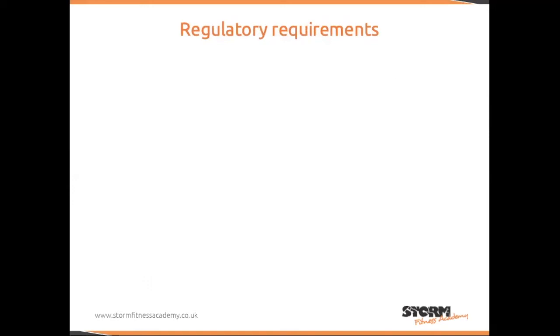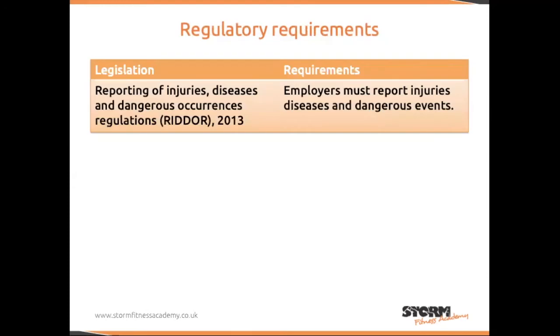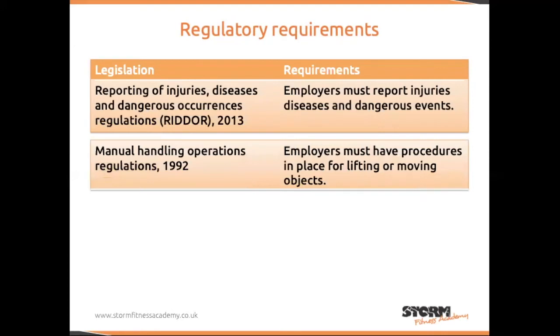Now, there are various regulatory requirements as part of the Health and Safety at Work Act. Here are just a few. RIDDOR. RIDDOR is reporting of injuries, diseases, and dangerous occurrences. This stipulates that employers must report injuries, diseases, and dangerous events. Manual handling operations regulations.